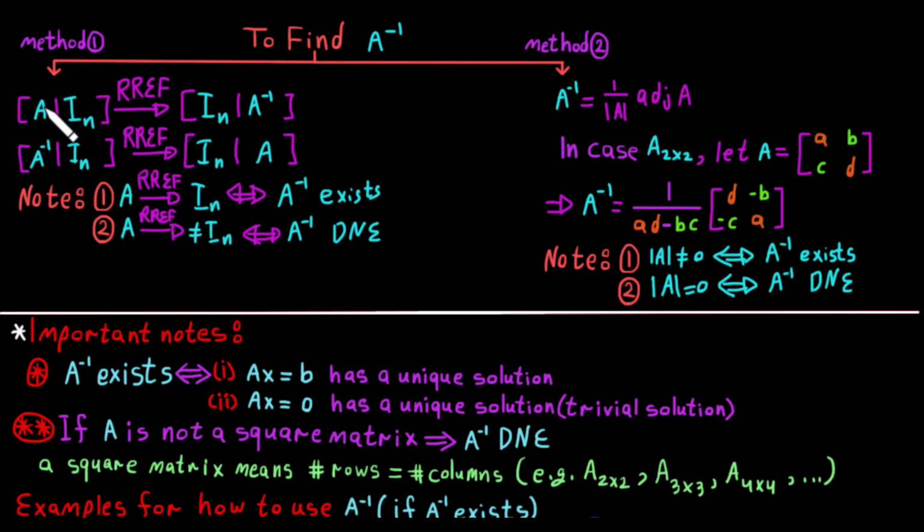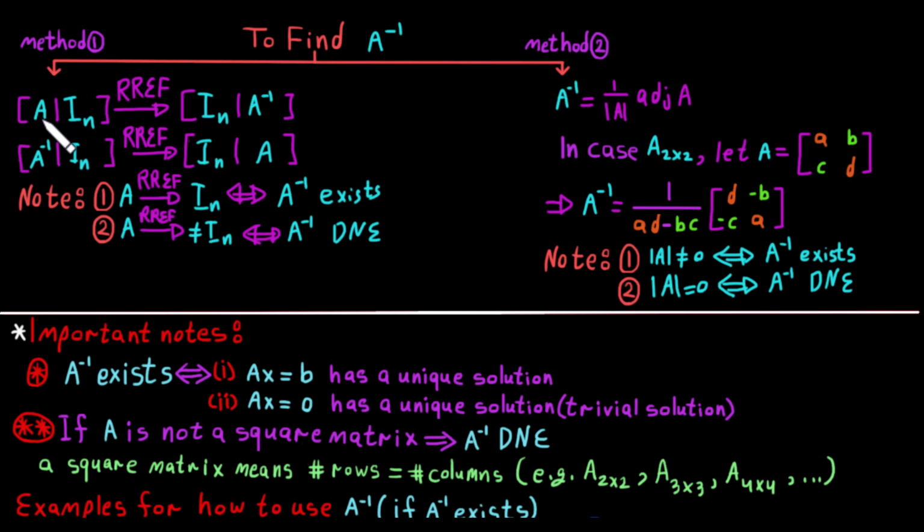You have to write it in an augmented matrix first, then you apply RREF to the left side, and of course, the operation that you do to the left, you have to apply to the right as well.